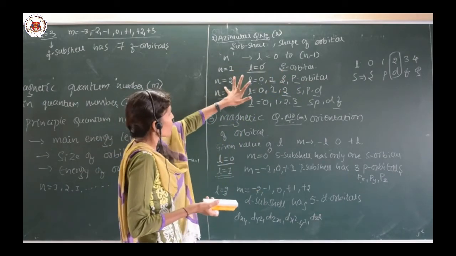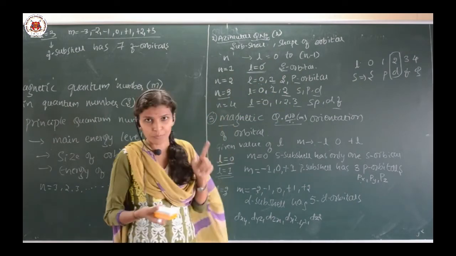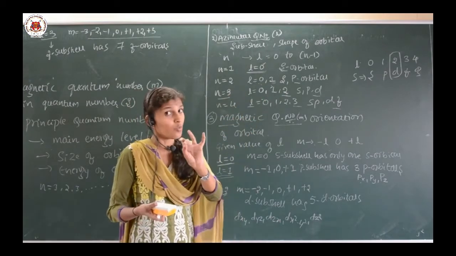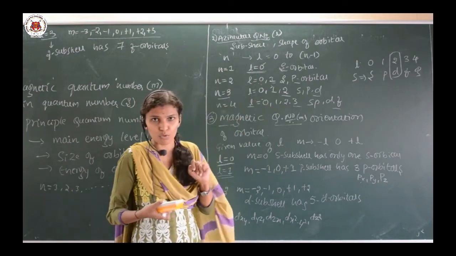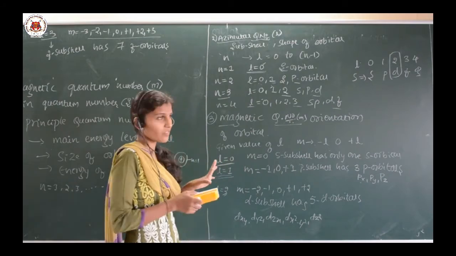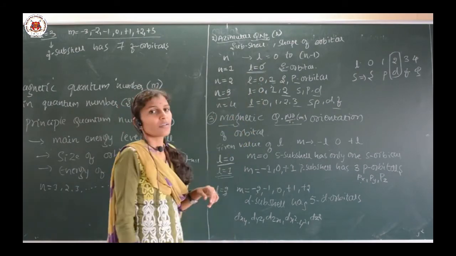If n is equal to 2, l can take two values 0 and 1, it indicates s and p. If n is equal to 3, l can take three values 0, 1, 2: s, p, d. If n is equal to 4, l can take four values 0, 1, 2, 3: s, p, d, f, like this. This l, that is the subsidiary quantum number, depends upon the principal quantum number.